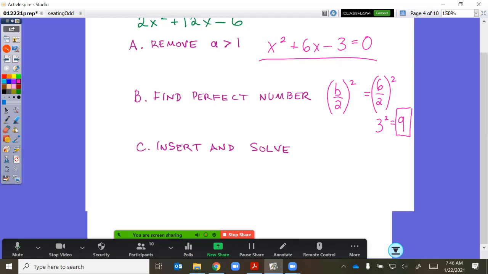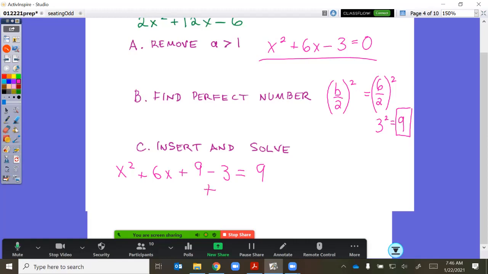Oh, okay. So we insert it, and let's see. We say x squared plus 6x plus the 9, because that 9 looks a lot better than that -3. And then -3 is still there. And since I put a 9 over here, I better put a 9 over here too, because you can't just go around putting 9s for no reason.